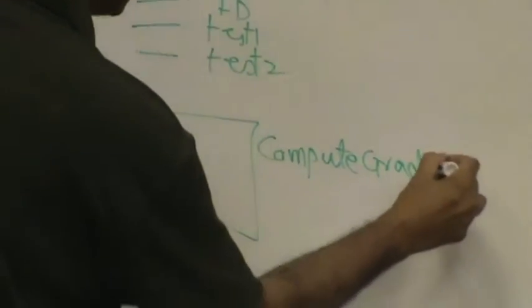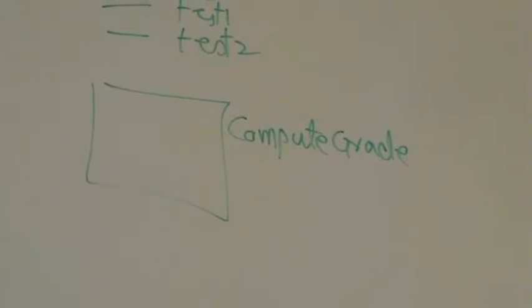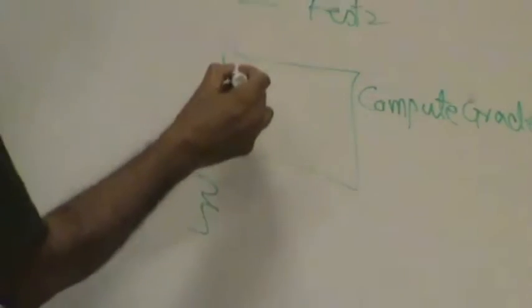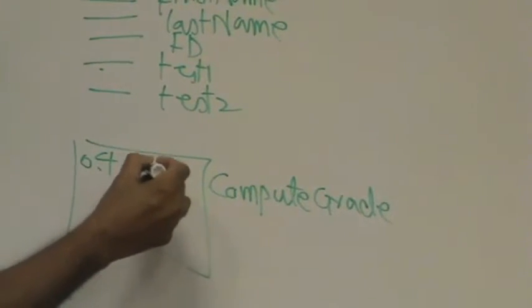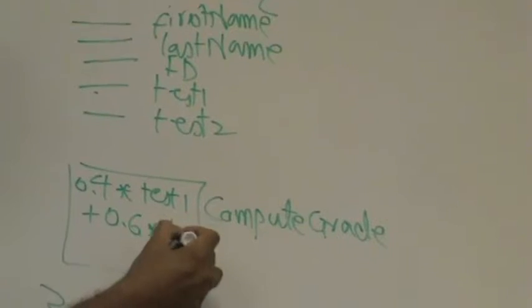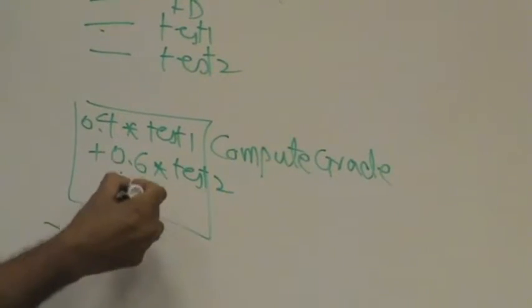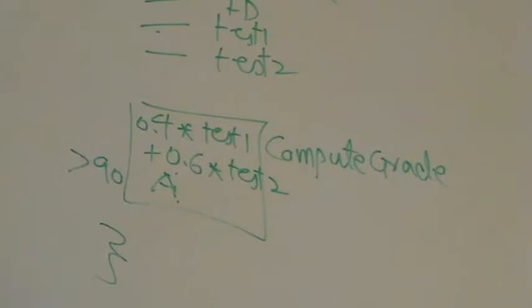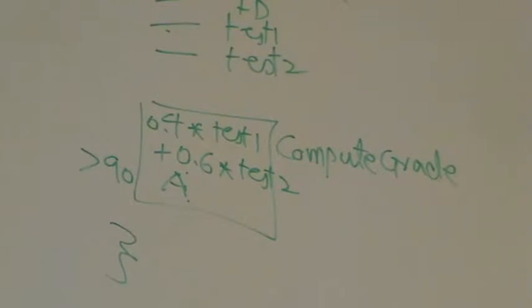Let's pretend this compute grade first computes a weighted average where 40% of the weight is given to test 1, and 60% of the weight is given to test 2. Then based on that, if it is greater than 90, the grade will be A, and so on. So we wrote this class.